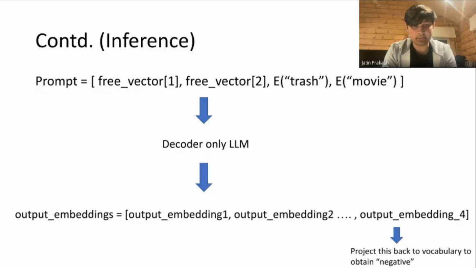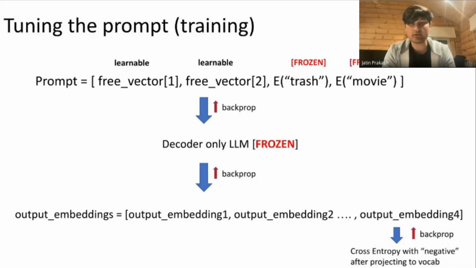Okay, cool. So to fine tune these free vectors in the prompt, we pass the prompt through the model. When we project the fourth output embedding to the vocabulary, we then take a standard cross entropy loss. Bear in mind, in this setting the decoder model is frozen. That is, in the loss computation, the model weights are treated as a constant.